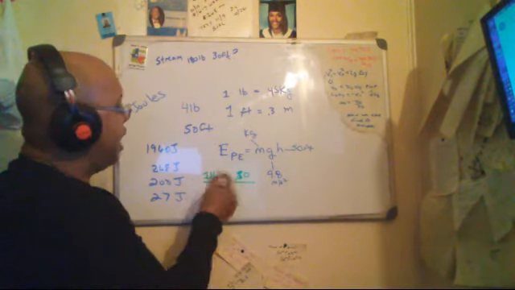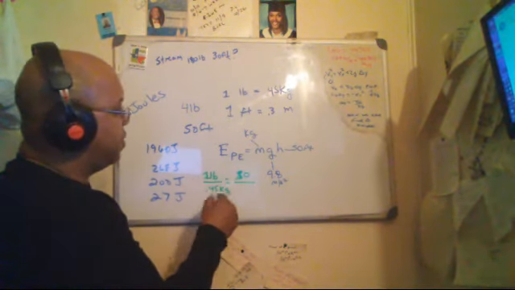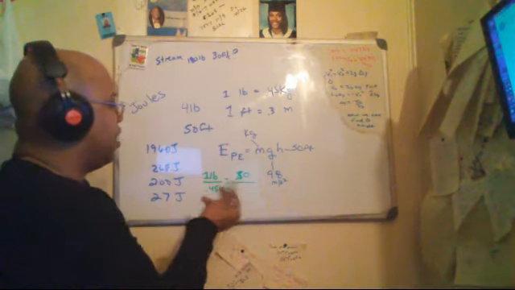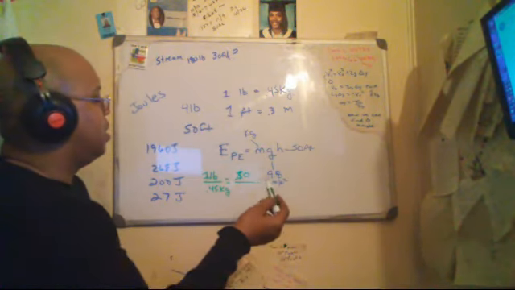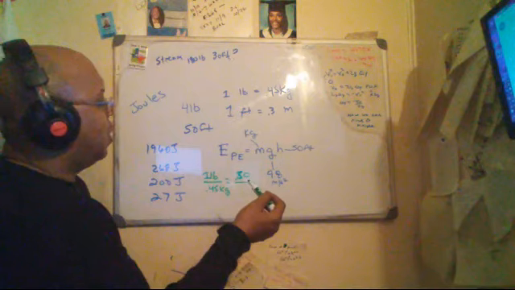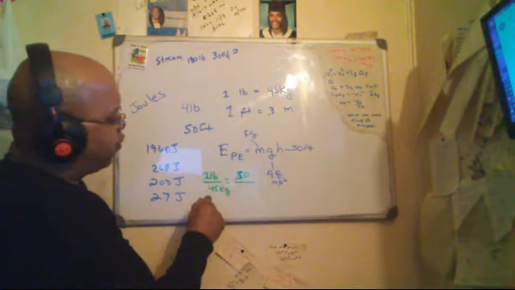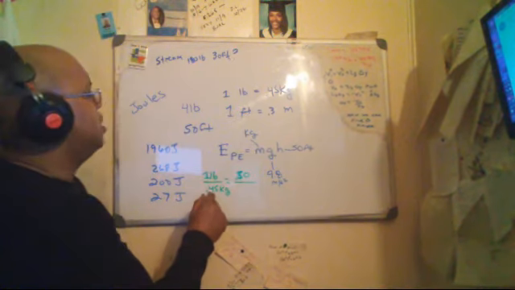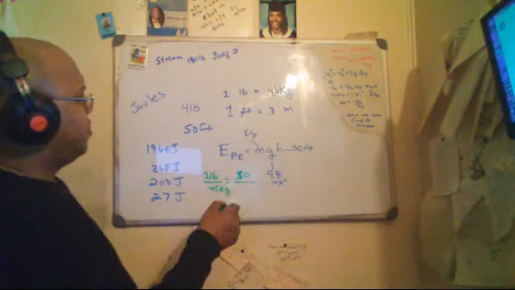Because we divide by 1, it's really just going to be the number. So 1 pound is 45 kilograms, and I'm really screwing this up.